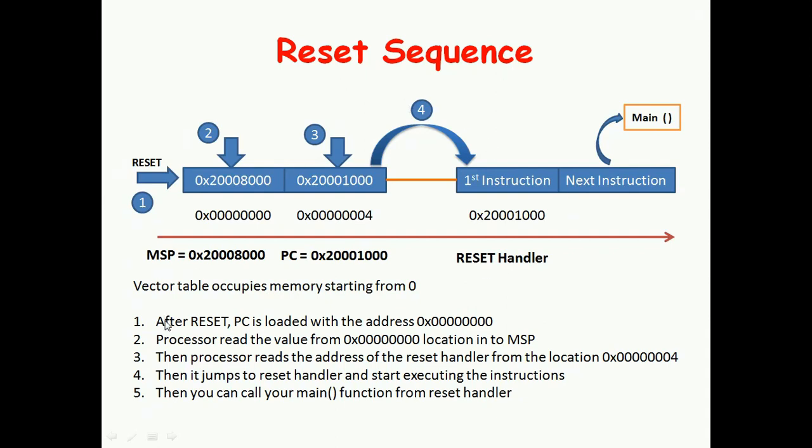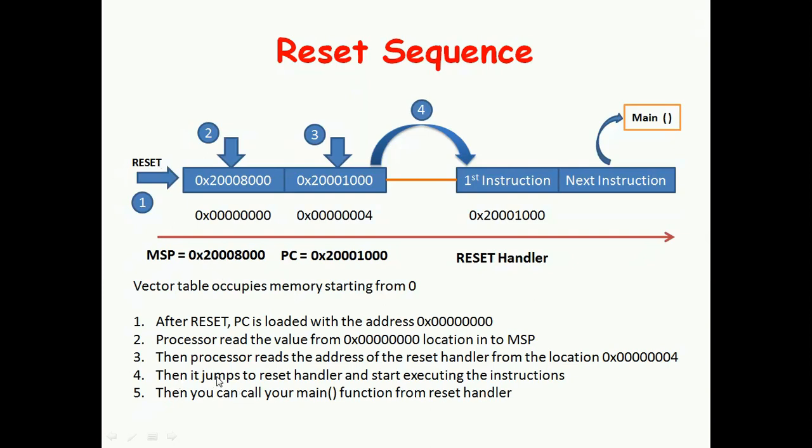It has the following 5 points. One is, after reset, PC is loaded with this address. The processor reads the value from this initial address location and loads that into the main stack pointer. After that, the processor takes the address of the reset handler from the vector table and it will point to that particular address where the first instruction of the reset handler is written.